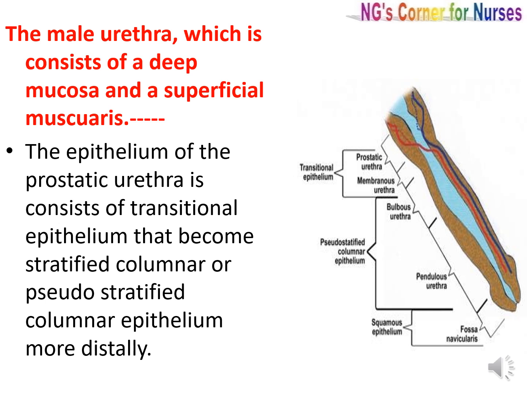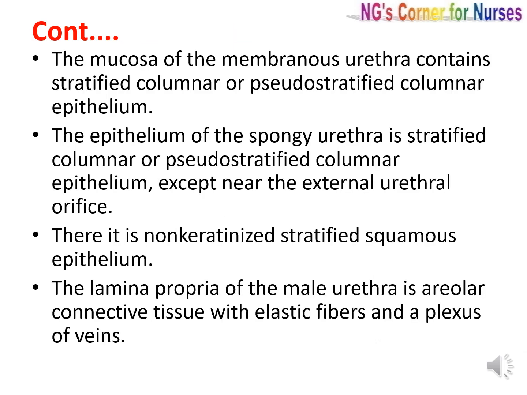The male urethra consists of a deep mucosa and a superficial muscularis. The epithelium of the prostatic urethra consists of transitional epithelium that becomes stratified columnar or pseudo-stratified columnar epithelium more distally. The mucosa of the membranous urethra contains stratified columnar or pseudo-stratified columnar epithelium.